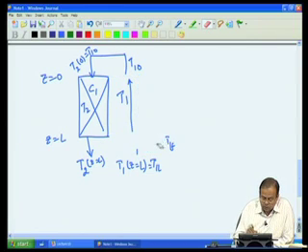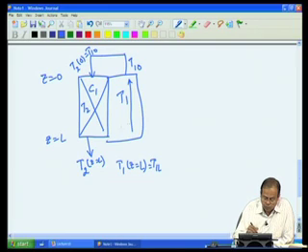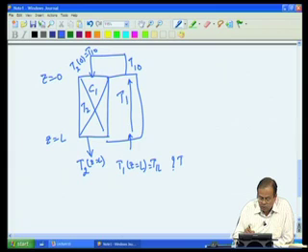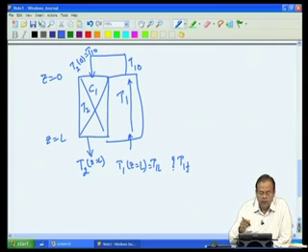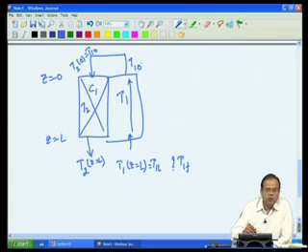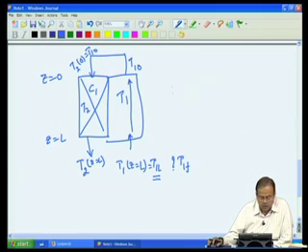This has to match with T1F, which is what we want to check by doing an iterative scheme in which we will assume T10, integrate these equations in a forward direction from Z equal to 0 to Z equal to L, get T1L and try to see whether that matches with T1F.